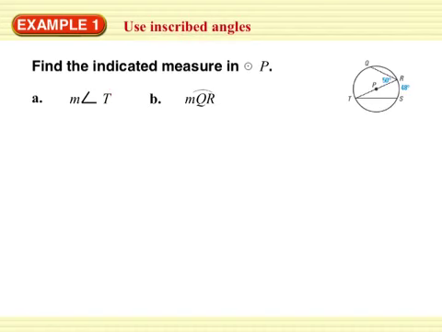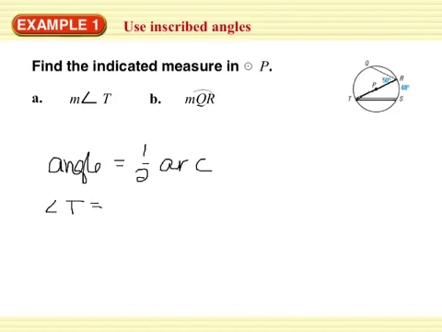Example 1, find the indicated measure in circle P. First we're going to do the measure of angle T, right there. So we said the angle is 1/2 the arc. So angle T is 1/2 of 48, or 24.